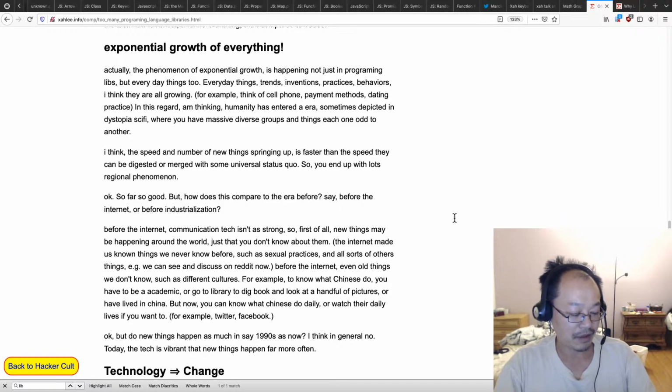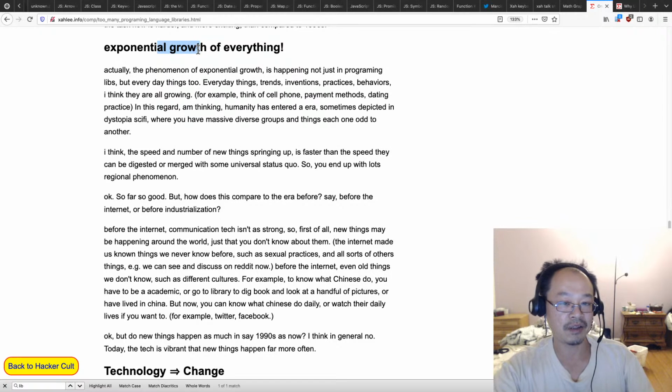We are excited about that. And AI, of course, artificial intelligence and machine learning, and quantum computing. So there are many things going on, and it's not just libraries.